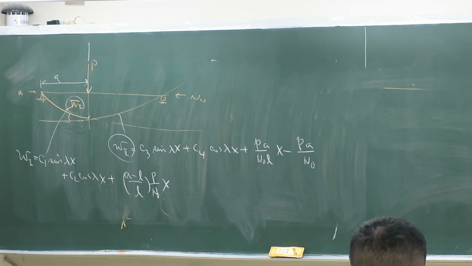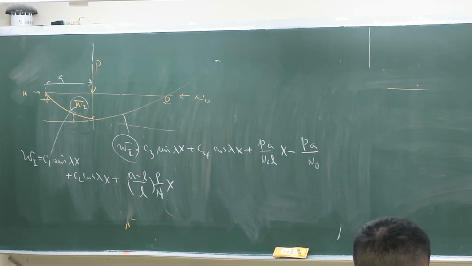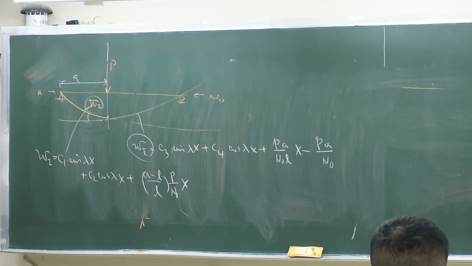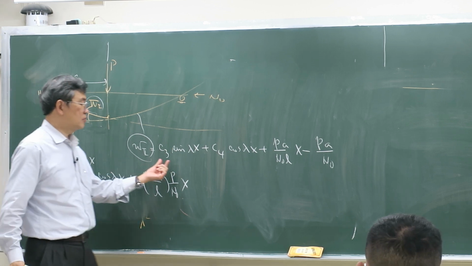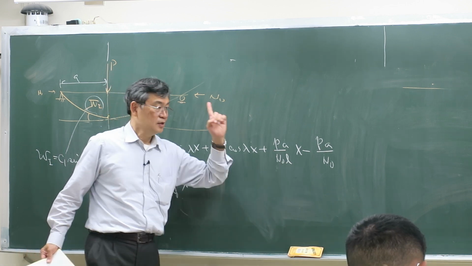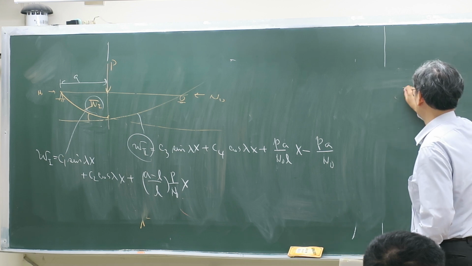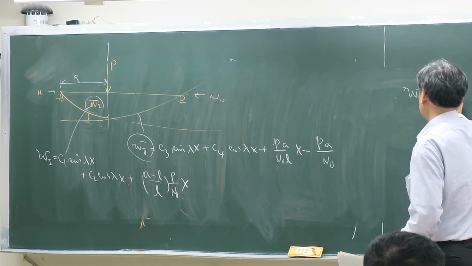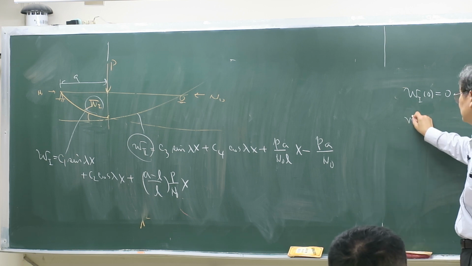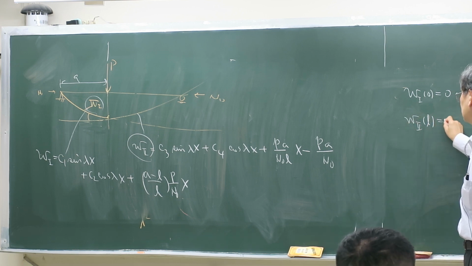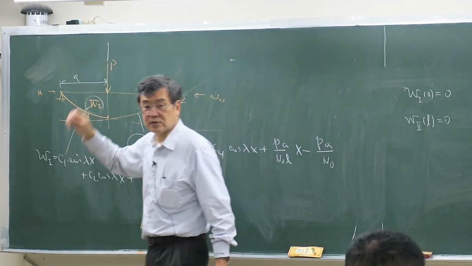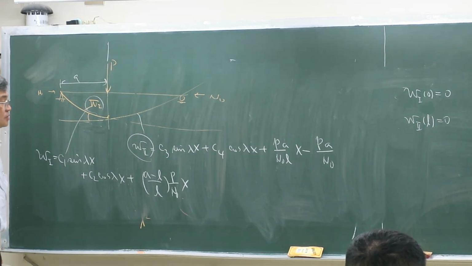Okay? So we have 4 coefficients to be determined. You have to determine these coefficients after you get a particular solution. Okay? So what conditions do we have? We need to find 4 conditions to solve this problem. We know the condition for W1, the deflection: W1 at 0 equal to 0. And we have W2 at x equal to L, 0. Deflection at this point, 0. Okay? And what else?